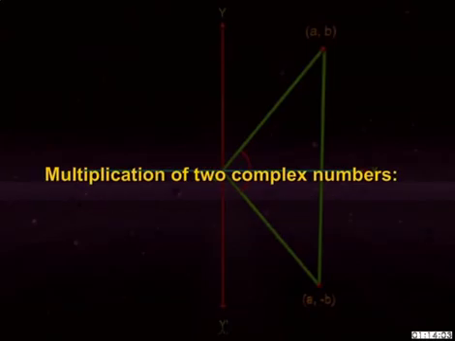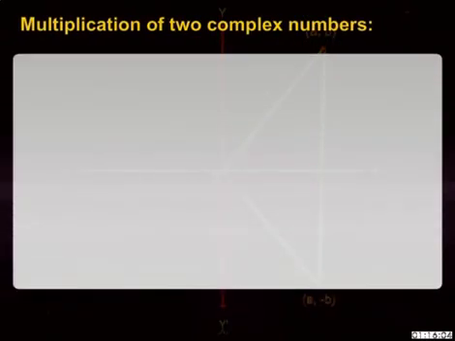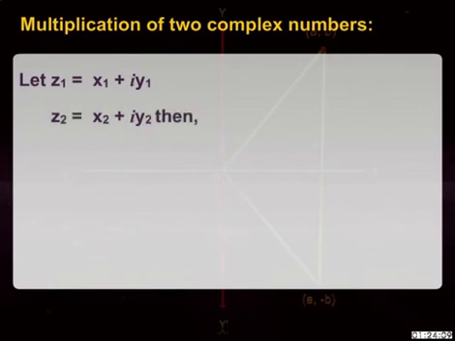Multiplication of two complex numbers. Let z1 is equal to x1 plus iota y1, z2 is equal to x2 plus iota y2 be two complex numbers.